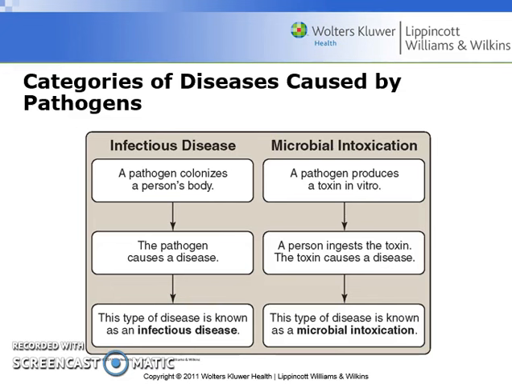Now, when we talk about microbial intoxication, we talk primarily about when you have a pathogen that resides outside of the host it's going to infect, and in some way that pathogen is able to get some of its toxic components into the host, which causes the host to become very sick.